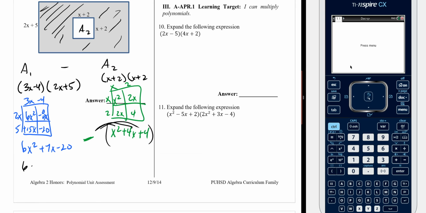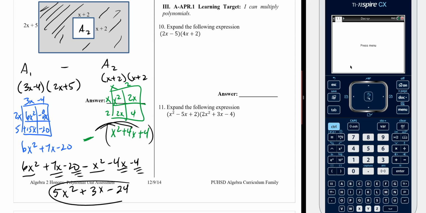So that I'm left with 6x squared plus 7x minus 20 minus x squared minus 4x minus 4. Combine like terms, I get 5x squared plus 3x minus 24.